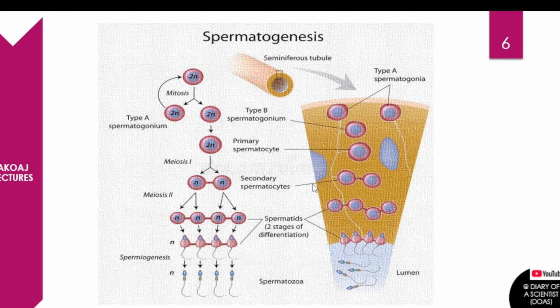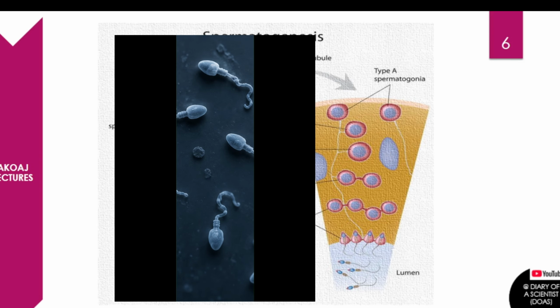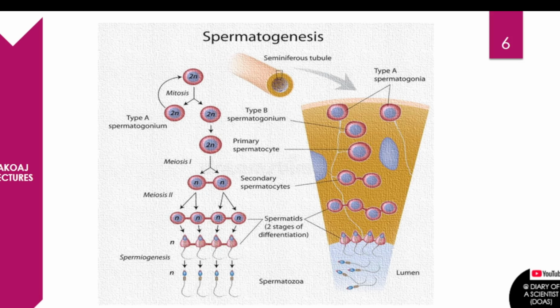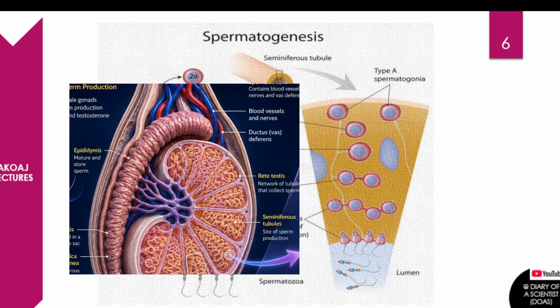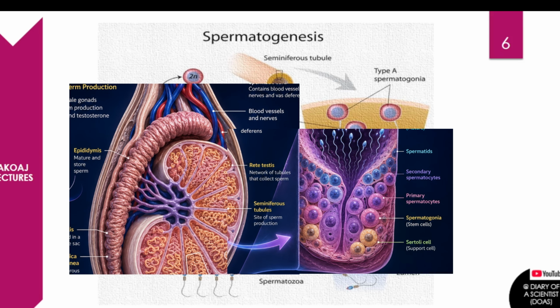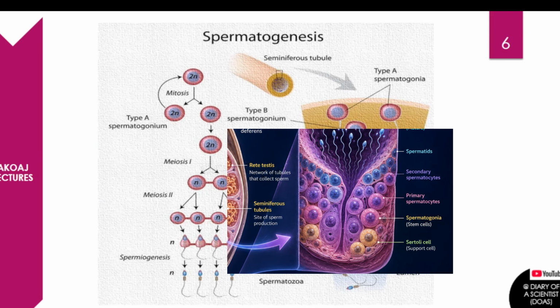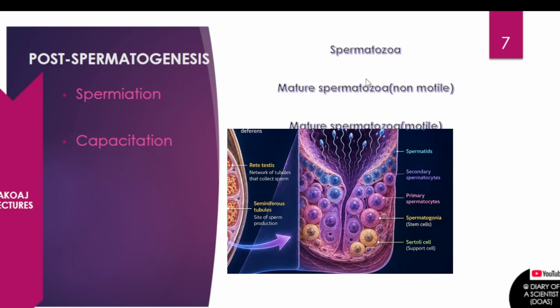Now, when these spermatozoa are formed, they are non-motile because they are not well developed. So they are moved from the lumen of the seminiferous tubule to the epididymis. Because they are non-motile, this process is aided by the Sertoli cell. The Sertoli cell is able to secrete testicular fluids as well as produce peristaltic contraction to propel them from where they are being formed to where they can be stored and undergo proper maturation.